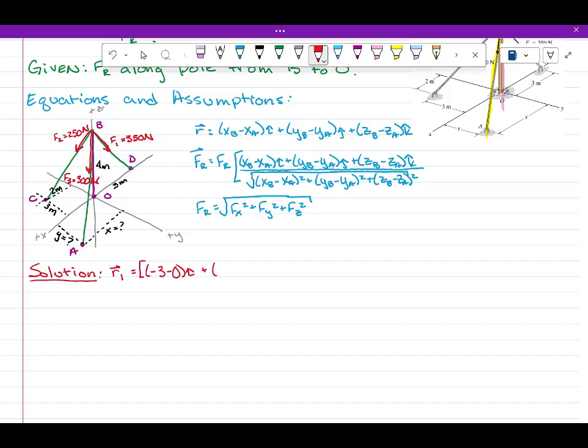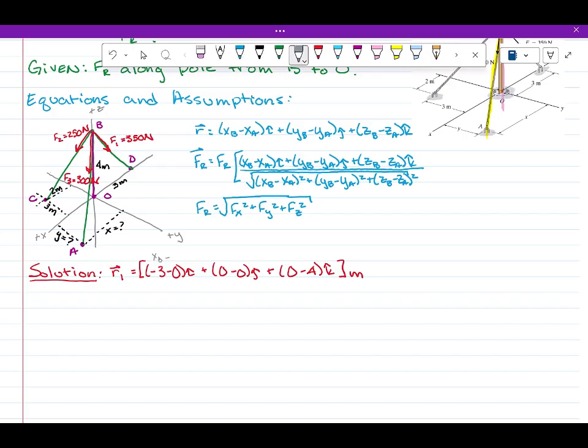Since we know the coordinates of D, which is -3, 0, 0, and we know the coordinates for B, which is 0, 0, 4, then we can easily find the position vector for F1 as -3 minus 0 for the i component, 0 minus 0 for the j component, and 0 minus 4 for the k component.